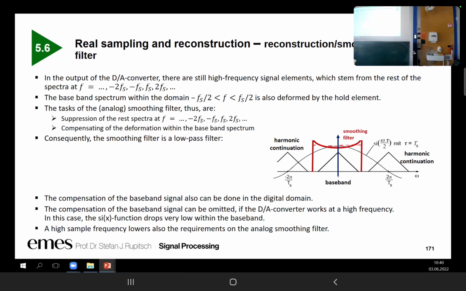Okay. Yeah. In the real world, we always add a certain phase delay, and that's not the problem. But the problem is that the phase delay is frequency dependent, and the group velocity is frequency dependent. And in case of digital finite impulse response filters, we always have the same group velocity and the same group delay for each frequency.